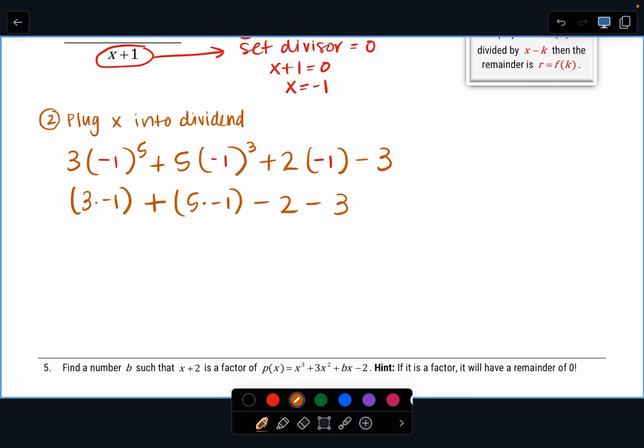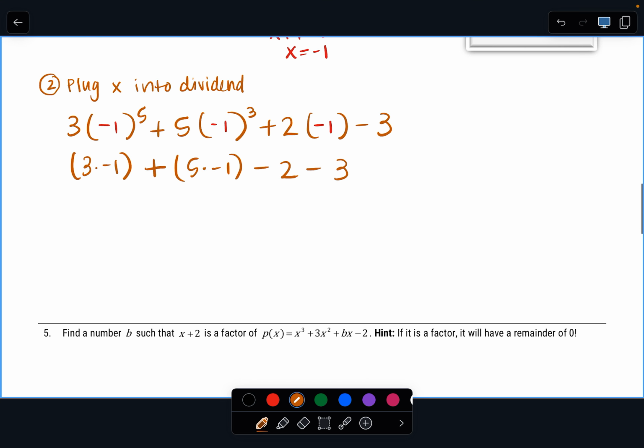So going in and simplifying this a little bit more. I'm not doing anything other than the algebra of this. 2 times negative 1 and negative 3. So I have negative 3, minus 5, minus 2, minus 3. I have not done anything other than multiplying.